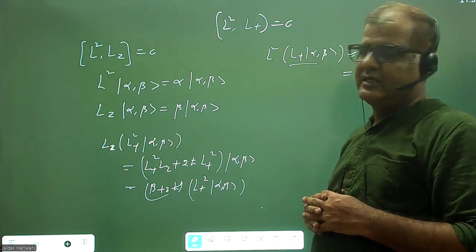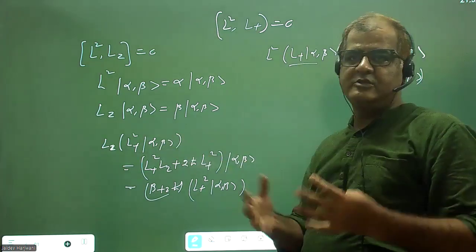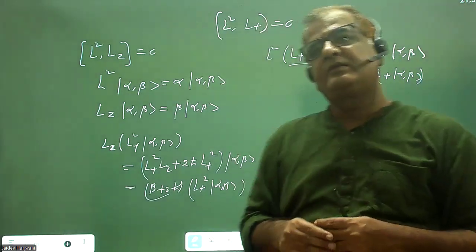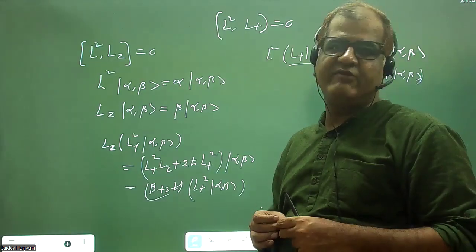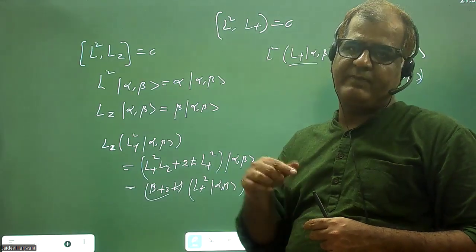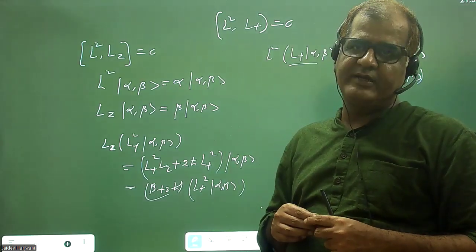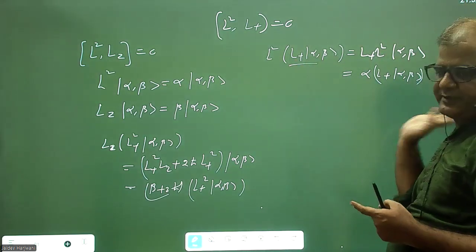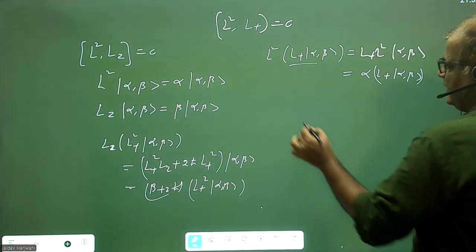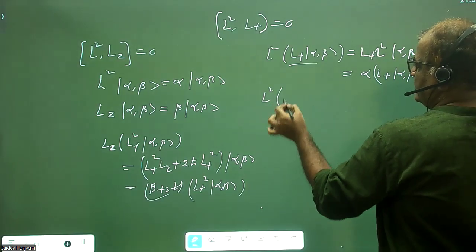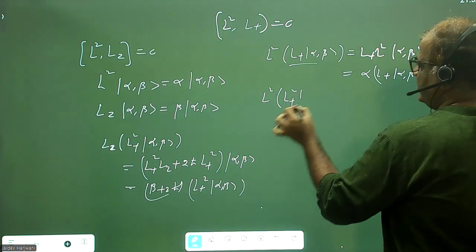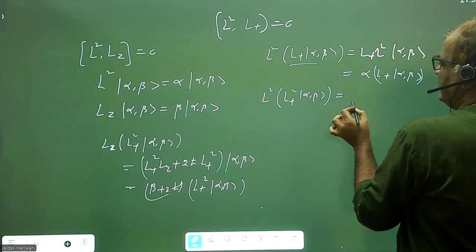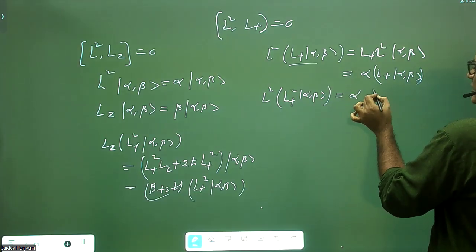That means this operator I call a raising operator, because it always increases the beta value, that is the eigenvalue of the Lz operator, by plus h cut. But the raising operator does not have an effect on the eigenvalue of L square. Now if I do L square on L plus square alpha beta, then again I'll get the same eigenvalue.